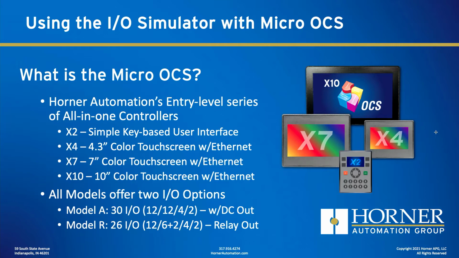The 4, 7, and 10 also support, with a limited range, RTD PT100 temperature sensors. The Model R is identical to the Model A. The only difference is, instead of 12 DC outputs, it has 6 relay outputs plus 2 solid-state high-speed outputs. Okay, that's the Micro OCS.